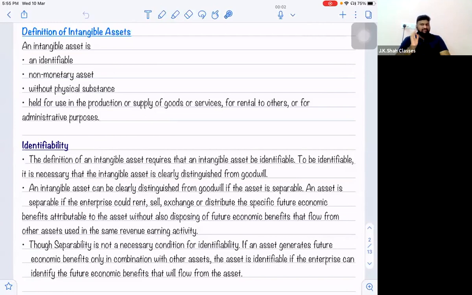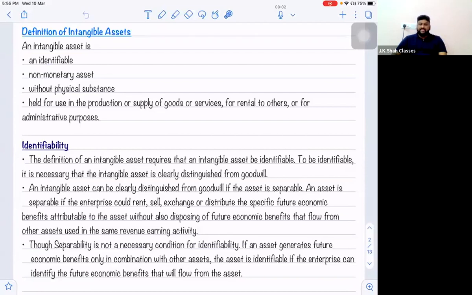But before going ahead, I would like to put one point over here, that this identifiable clause is not a compulsory clause, because there are some intangible assets which you are actually using in the business, also earning revenues out of it, but they cannot be separately identified.